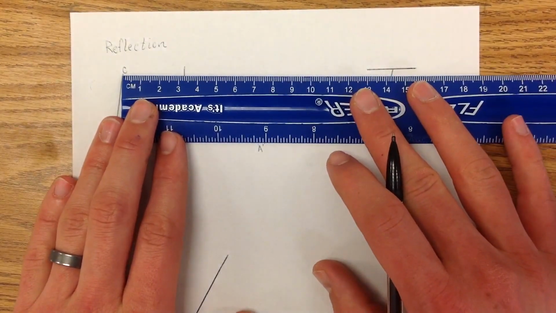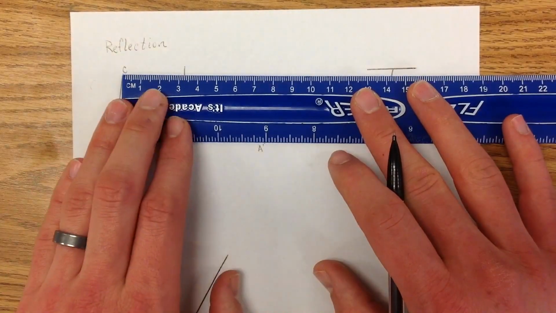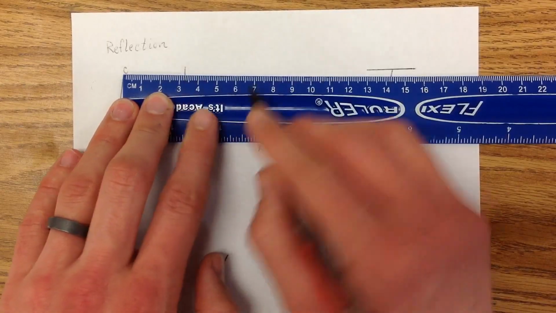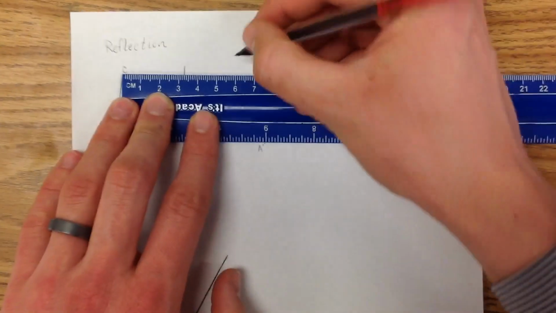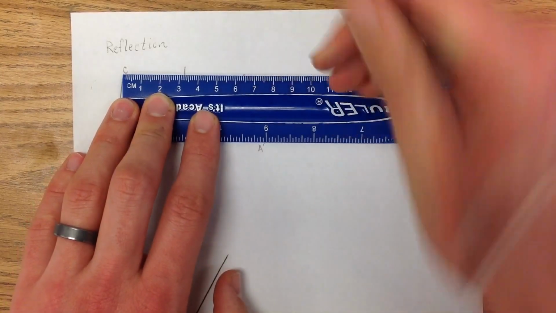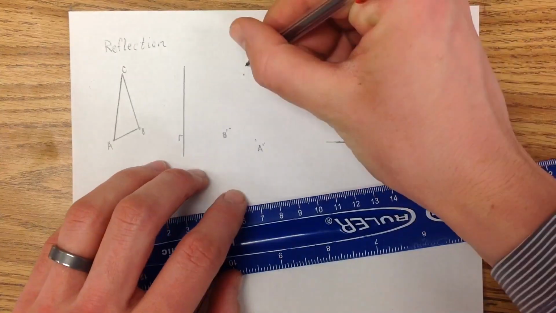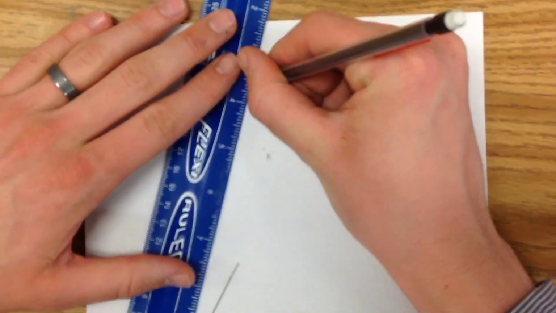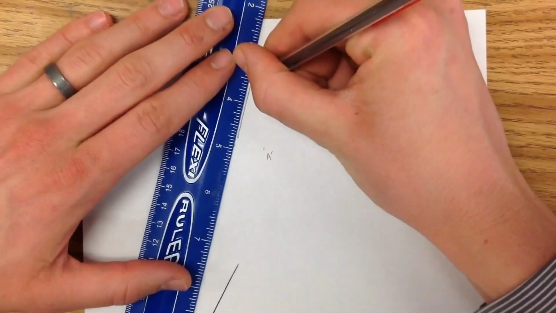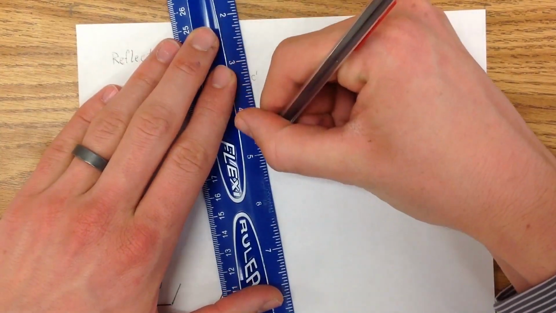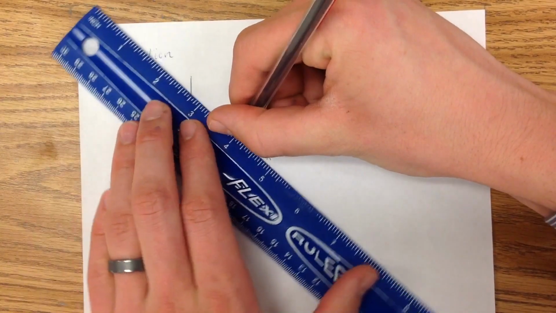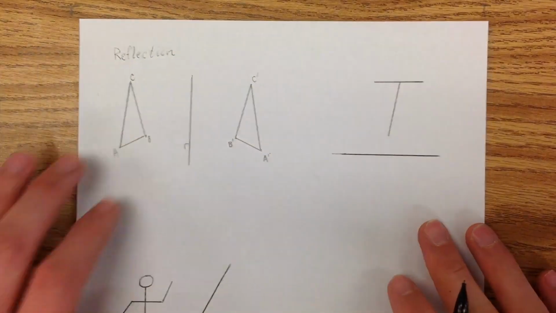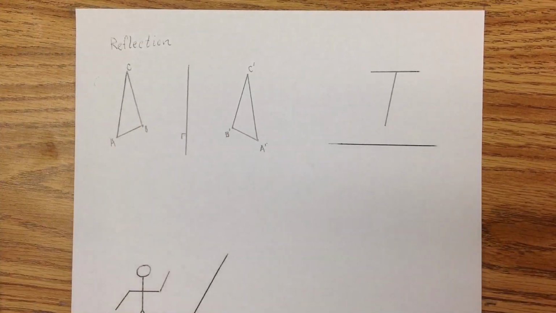Do the same thing here, C, and that looks like 3.12, so that's going to be 6.4. That's going to be C prime. Now I go and connect those. And there we go.